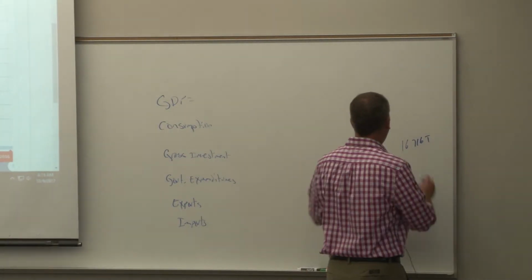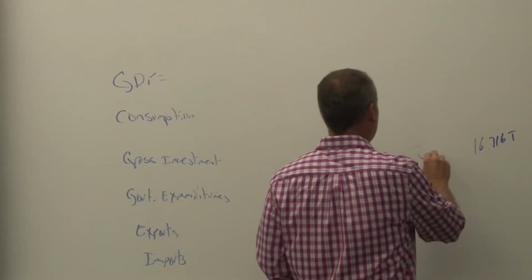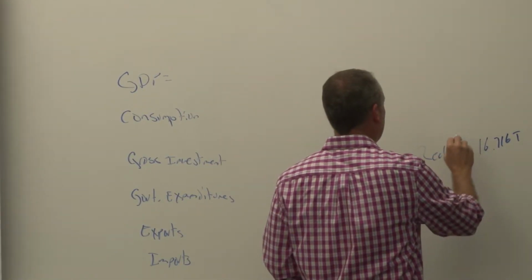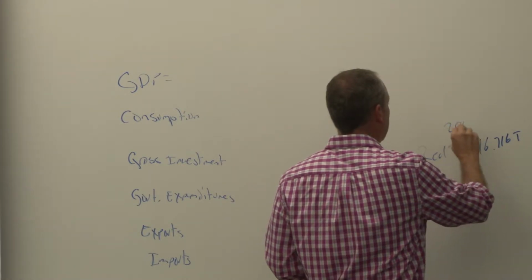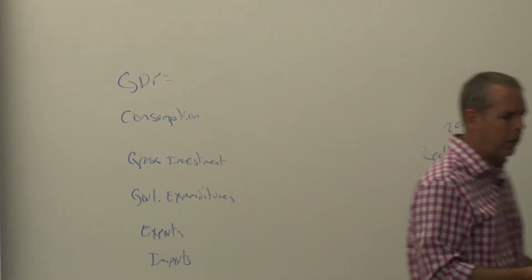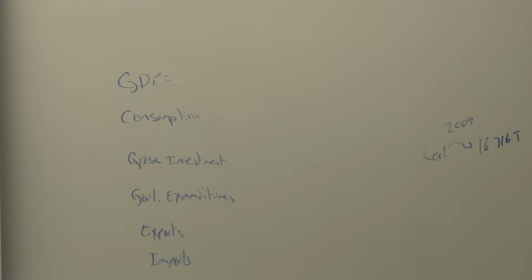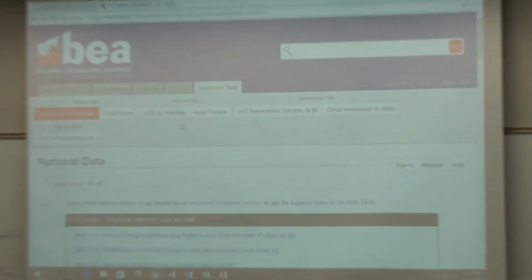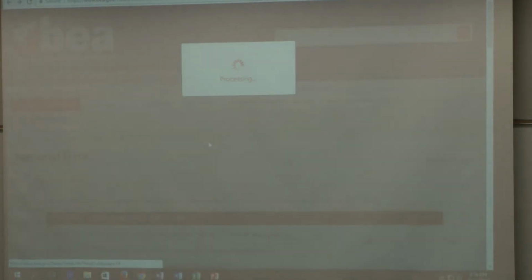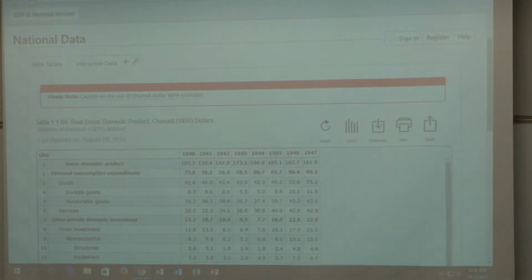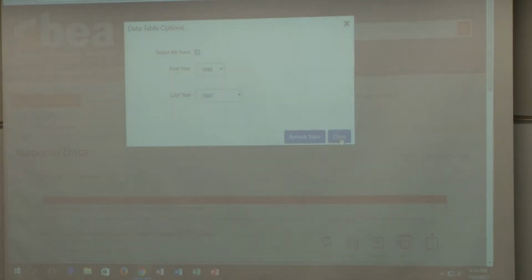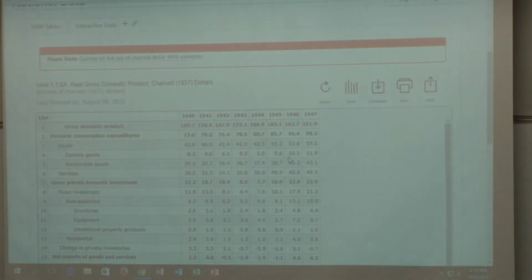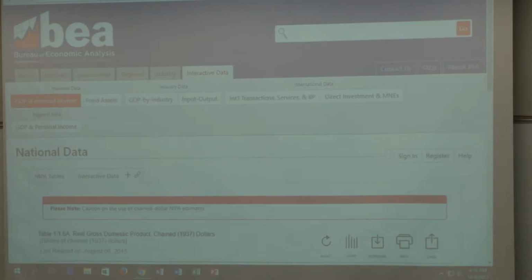So here's our real GDP in 2009 dollars, as opposed to our other one that we had here, our 1937 dollars. Let's modify this. Well, they only go to 47, they stopped.